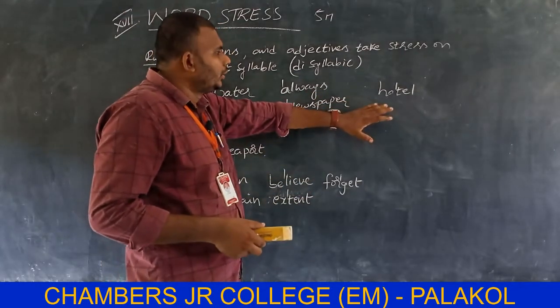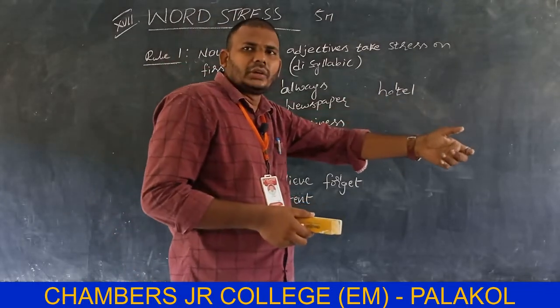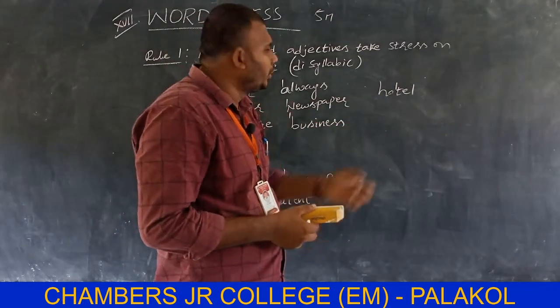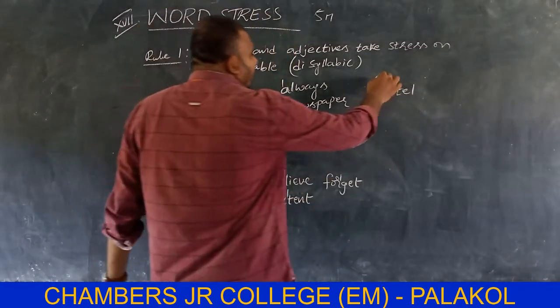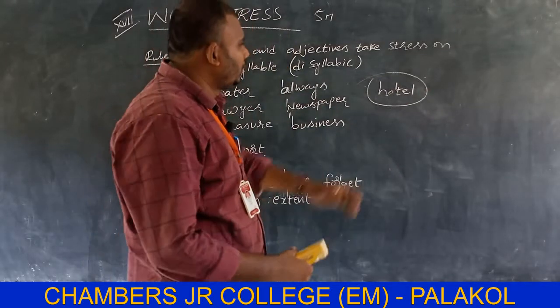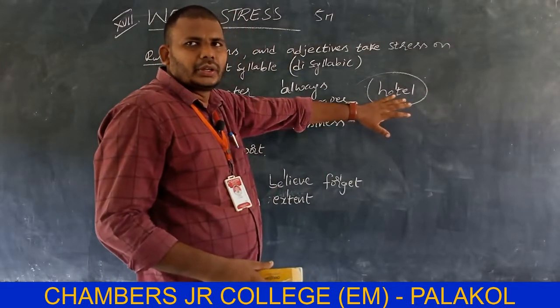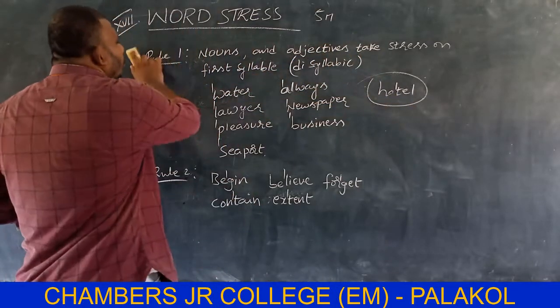Hotel. Here the first syllable ho is a weak one and tel, the second syllable, is a strong one. So here we give extra force to tel. That's why it's an exceptional case. We should be careful with these kinds of words. Got it? And let's see rule number 3.